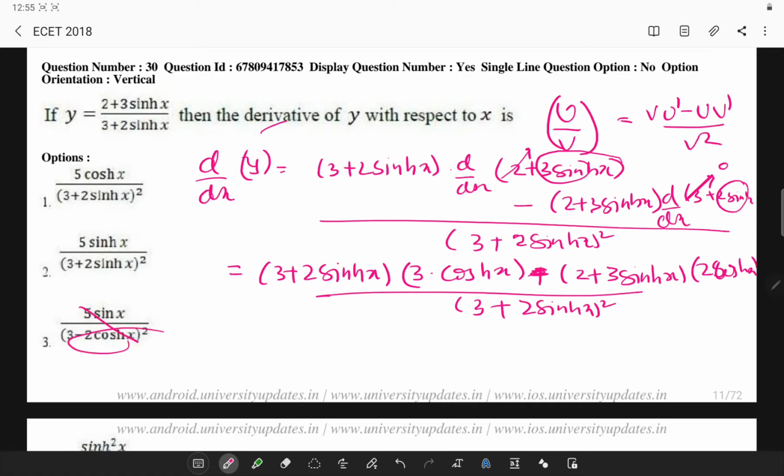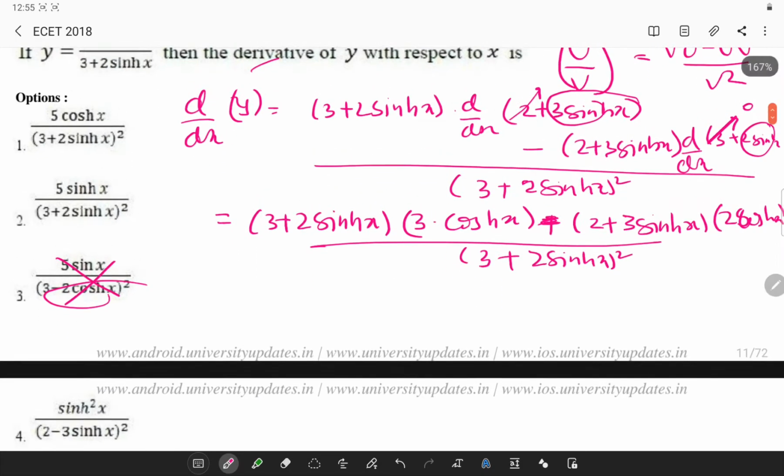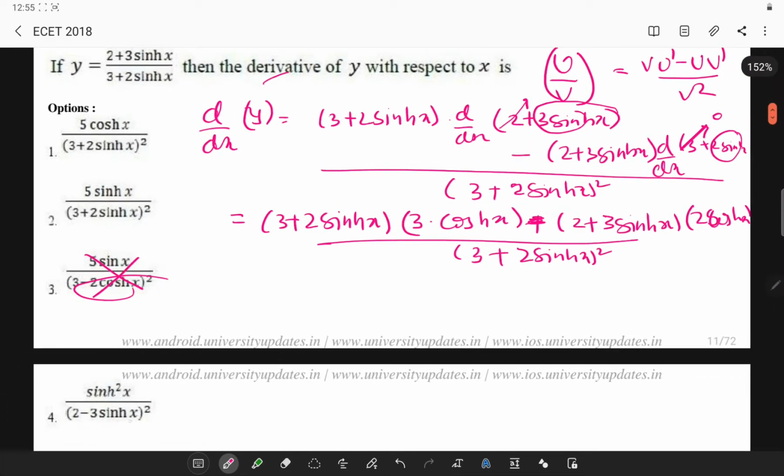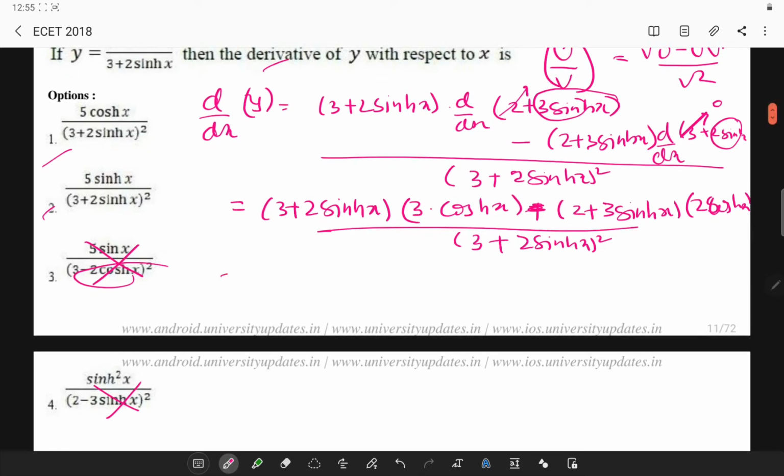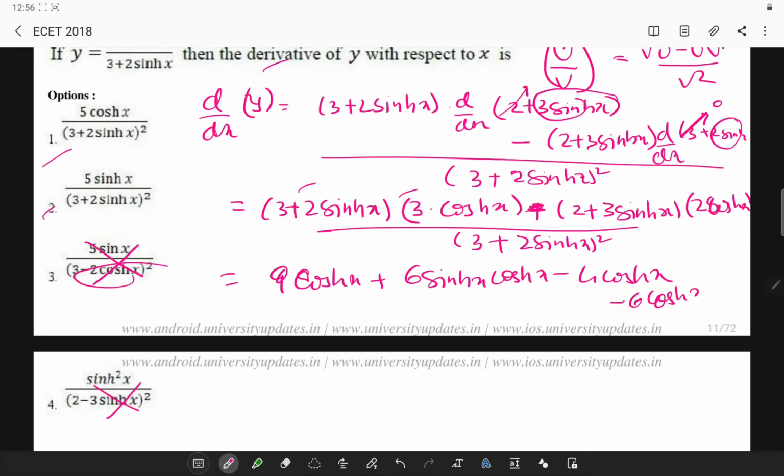Just by seeing the denominator, this option is eliminated, and this is also eliminated. So we have options number 1 and 2, out of which we have to pick. If I do the multiplication, I'll be left with 9 cosh x plus 6 sinh x cosh x minus 4 cosh x minus 6 cosh x sinh x, divided by the denominator square.